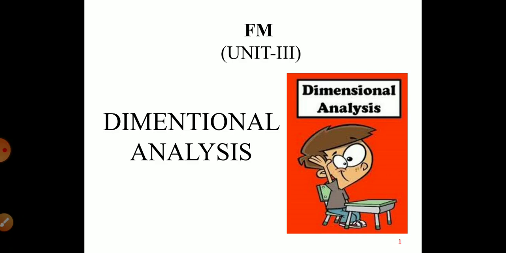Welcome to FM, that is Fluid Mechanics, unit number 3, that is dimensional analysis. Today we learn what dimensional analysis is, what the advantages of dimensional analysis are, what the uses and advantages are, what the dimensions of physical quantities are, what homogeneity is, what the application of dimensional homogeneity is, what Buckingham's pi theorem is, and their problems.